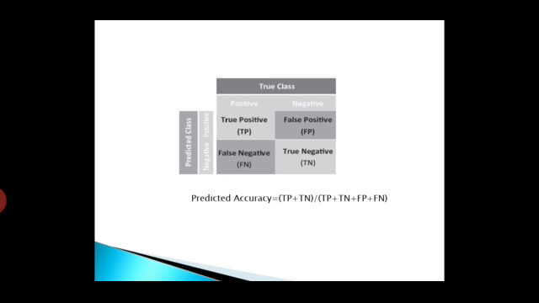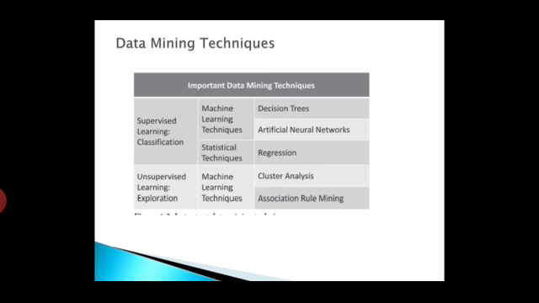The accuracy is given by true positive plus true negative divided by true positive plus true negative plus false positive plus false negative. This is the way to find the accuracy in a classification problem. This can be applied for decision tree, naive Bayes classifier, SVM, regression, etc. Now let us quickly go to different data mining techniques.